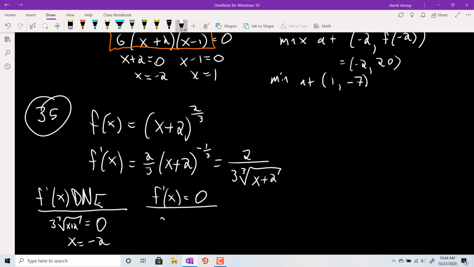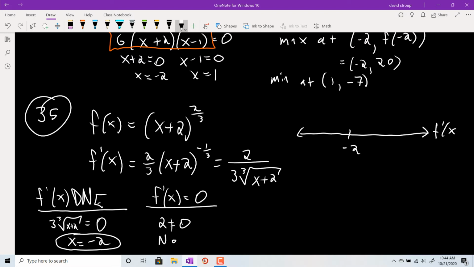If you set the numerator equal to 0, it's a false statement. There's no solutions, so no help there. So our only critical number this time is at -2. So I'll make my number line, and here's f'(x). And then I need my test value, my signs, and my conclusion.